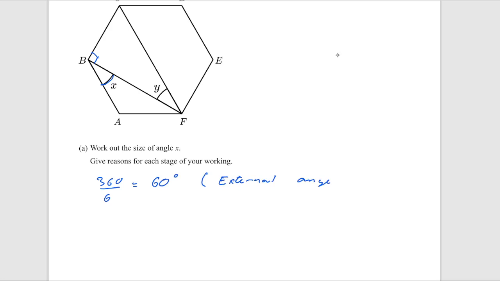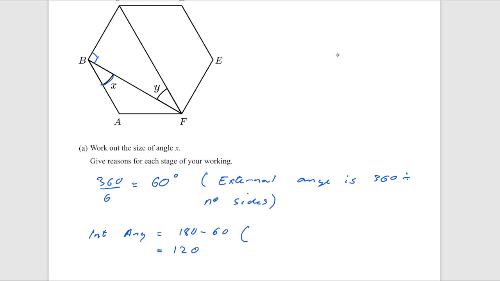The angle is 360 divided by the number of sides, or number of angles. So the interior angle is going to be equal to 180 minus 60, so it's going to be equal to 120.